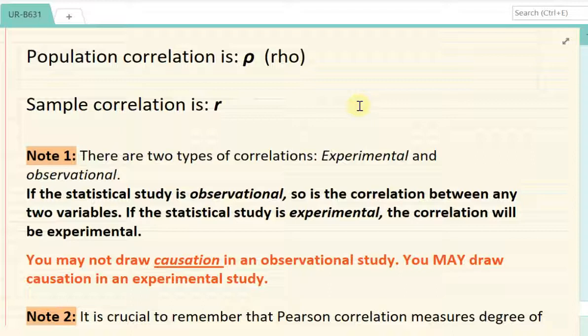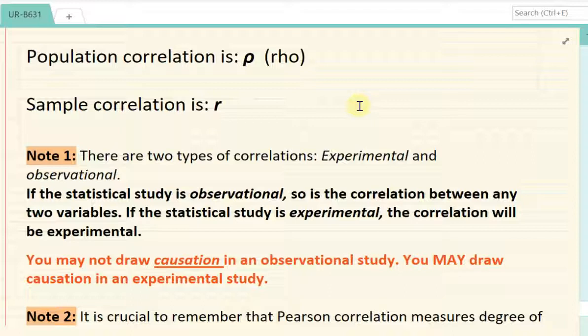So in that case, I have an experimental correlation between temperature and, let's say my dependent variable is moisture content. I want to know how moist the cakes are.